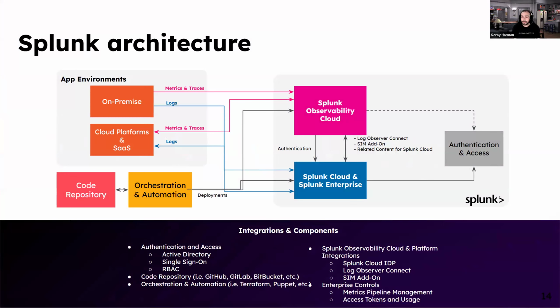Your data and app environments, your digital environment, really wherever it is, whether it's on-premise, cloud, SaaS application, doesn't matter, right? So wherever your data is, those are key. And then in this instance, we're also hooking into your code repository, your orchestration automation, your CI/CD, and your authentication and access platform. So these are really all the key pieces of the puzzle.